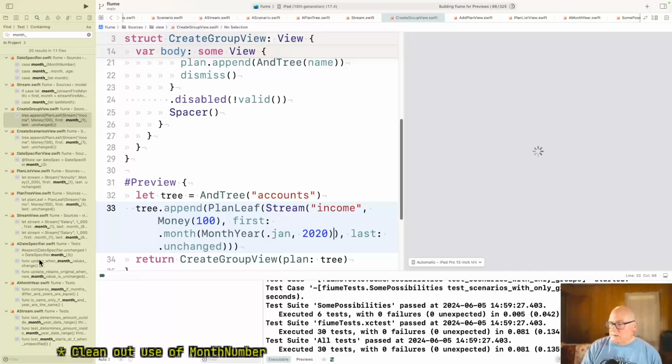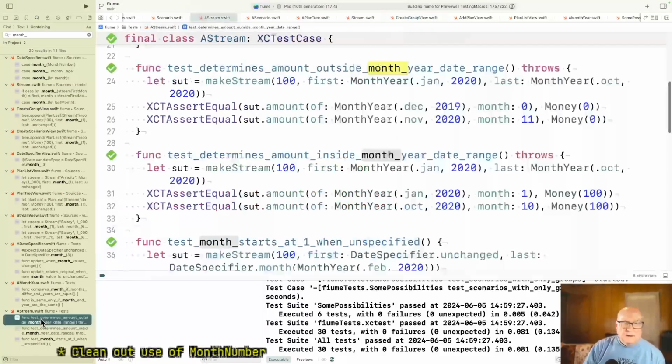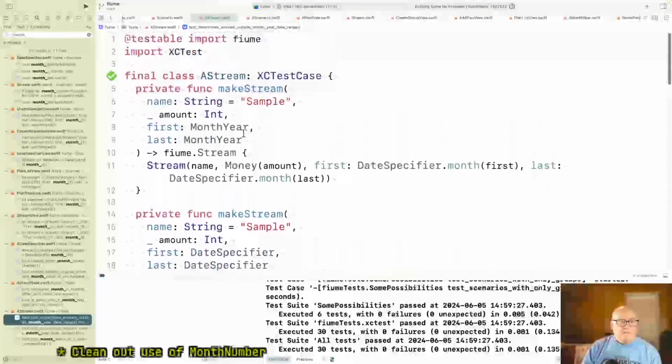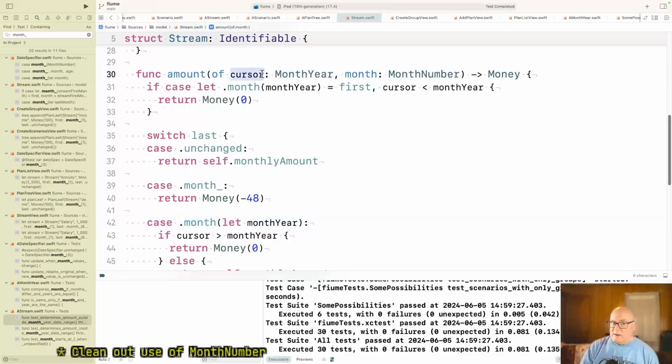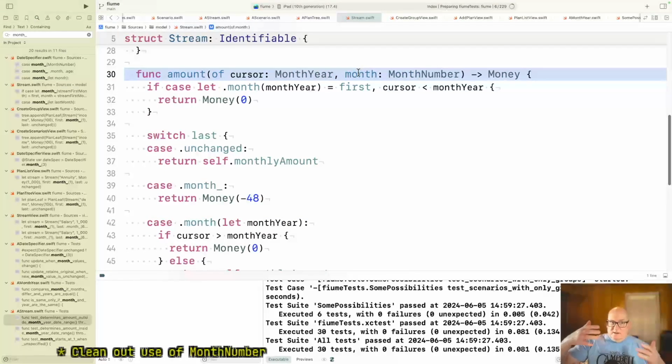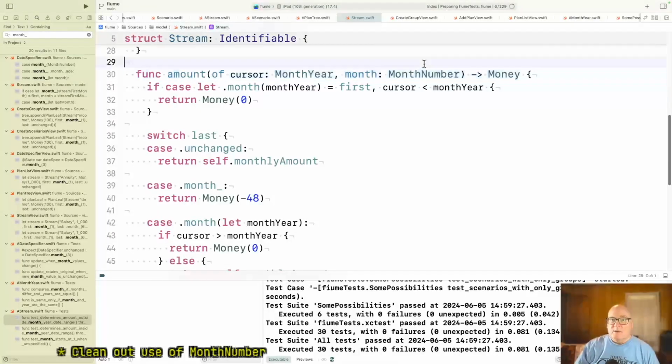In a stream, yeah, make stream uses this. Yeah, make stream has the helper that creates with a month year and turns it into a date spec, but stream was the production call, and it at this point is only using cursor, not using month. Okay, and the reason, again, it comes down to the fact that our user interface only produces month years now. It doesn't produce month numbers, so this case never gets called.